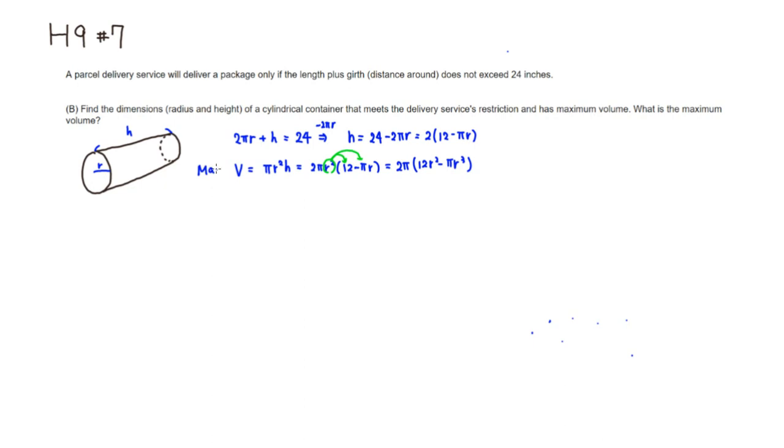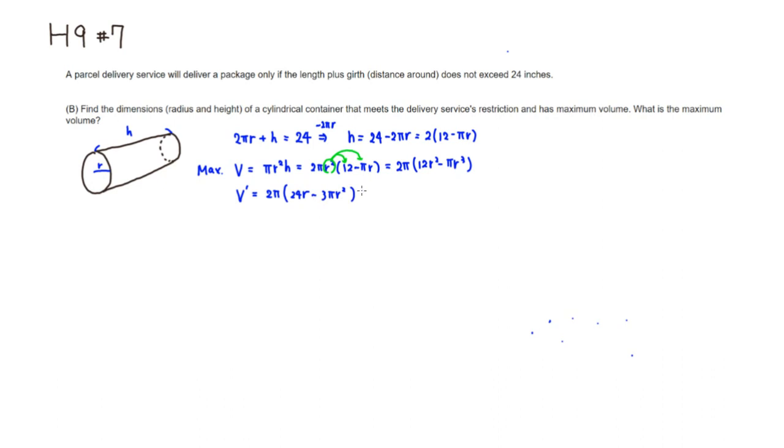So let's find the critical numbers. Take the derivative. 2 pi is just a number, so I'll put it in front. The derivative of the inside function is 24r minus 3 pi r squared.